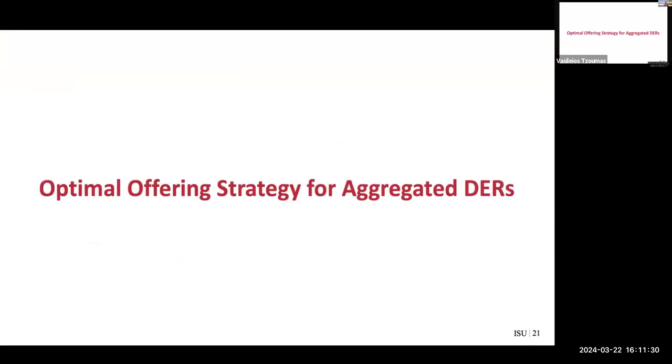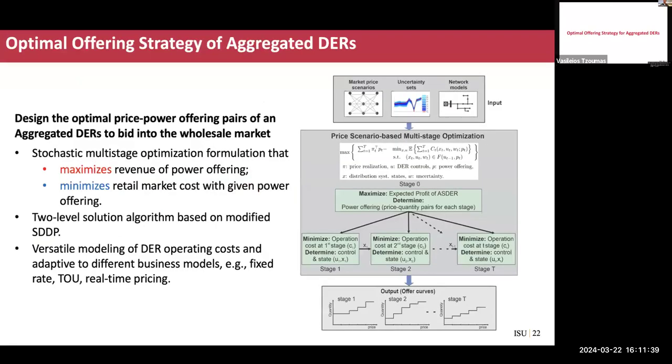So okay, now I think I'm ready to dive into this second problem, where we want to determine the optimal offering strategy for aggregated DERs. The overall idea is we want to determine the optimal price and power offering pairs of aggregated DERs to offer into the wholesale market.